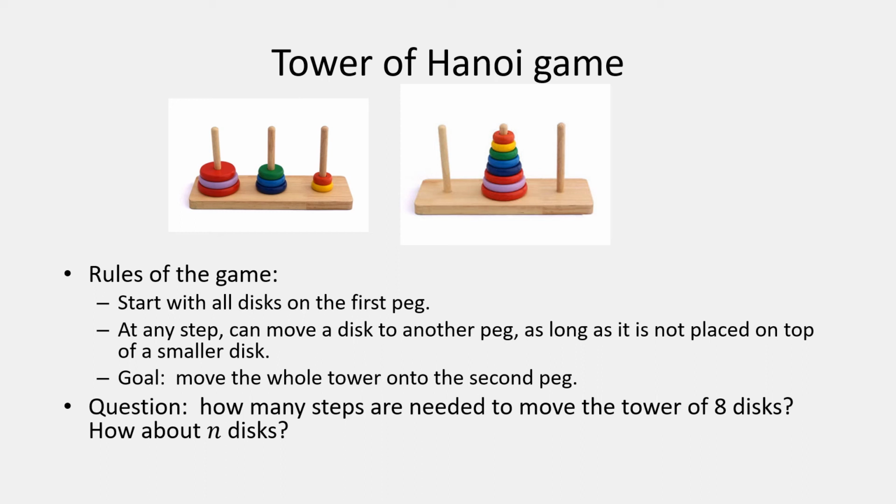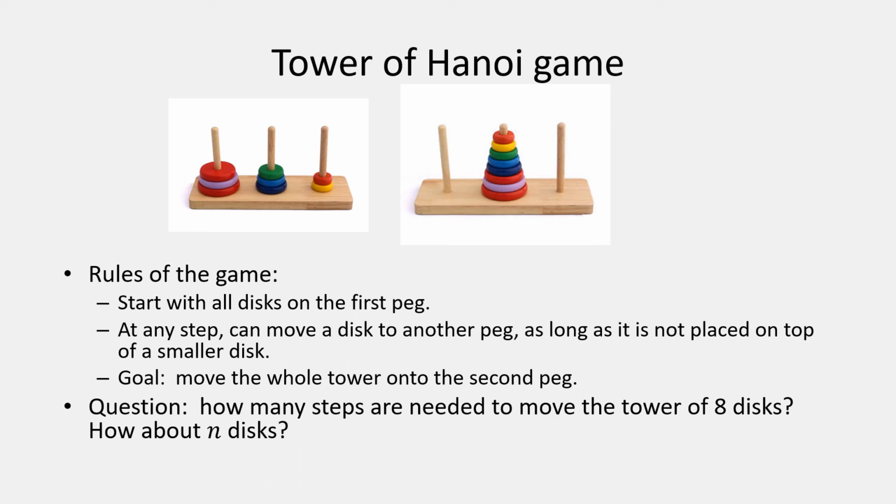So for the next time, think about this puzzle. You might have seen it already when you were a lot younger, but the puzzle called the Tower of Hanoi works as follows. You have some number of disks, in this case it's 8, and you have 3 pegs. And at any move, you could do the following.